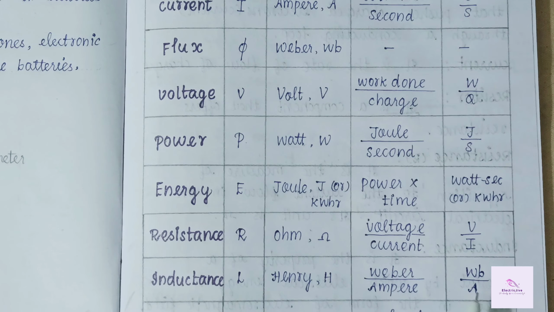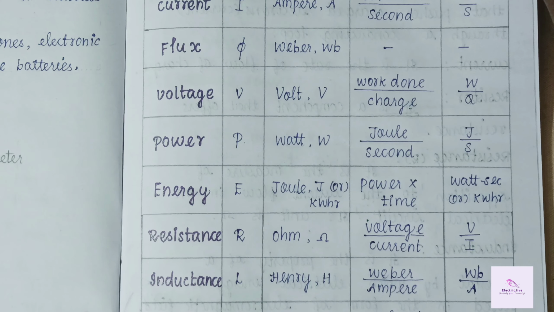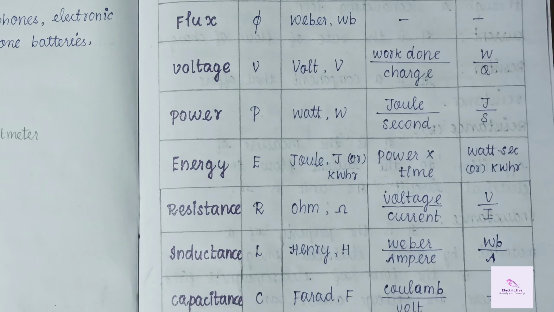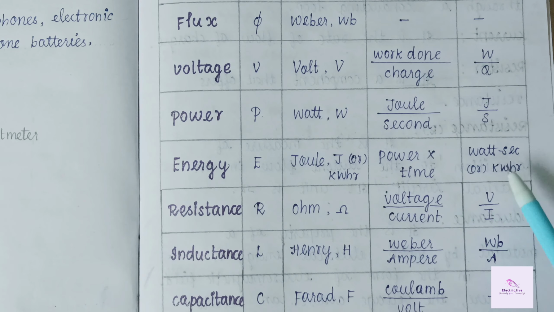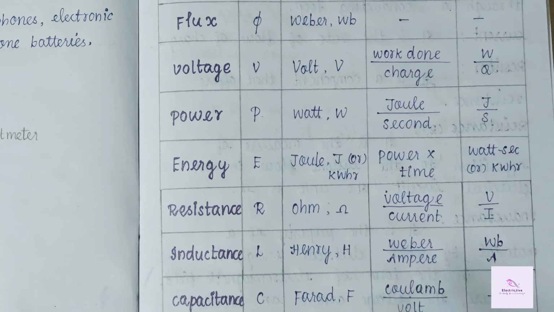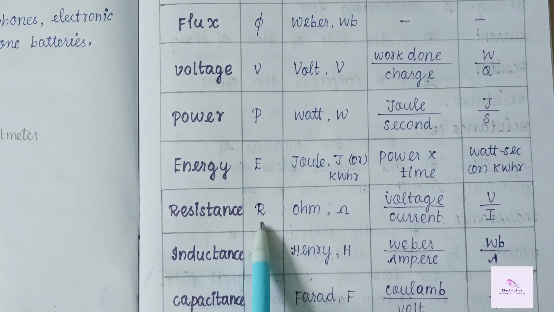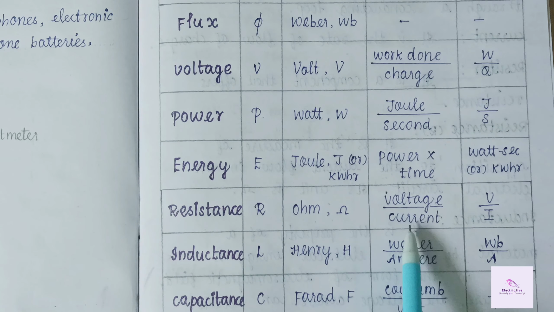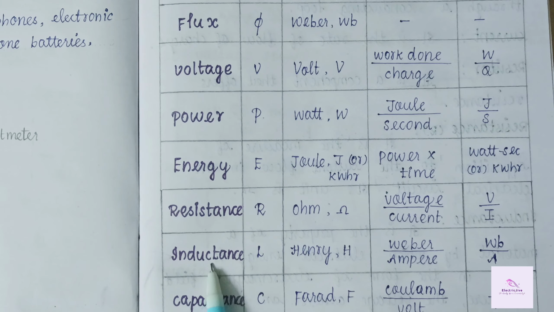Then energy. Energy is represented as E. Its unit is joule, J, or kilowatt hour. Its formula is power into time. Notation is watt second or kilowatt hour. Then resistance. Resistance is represented as R. Its unit is ohm and its formula is voltage divided by current, V by I. Then inductance.